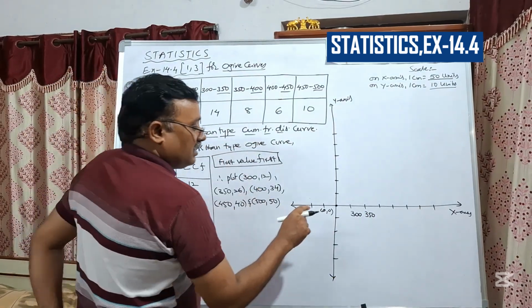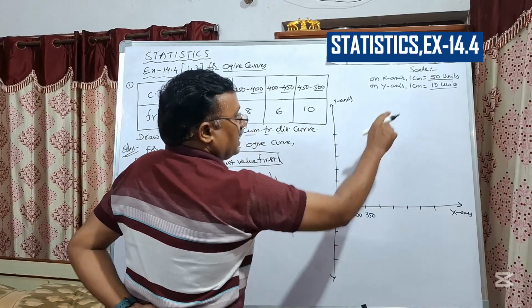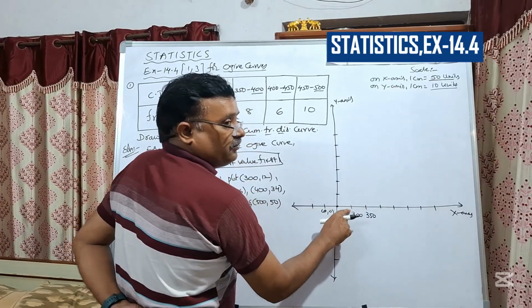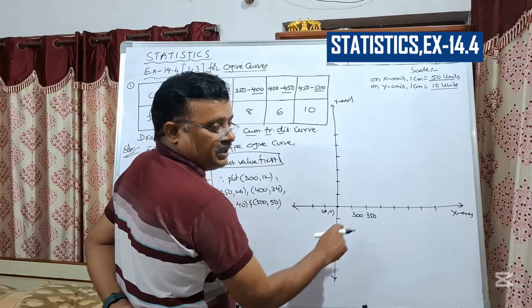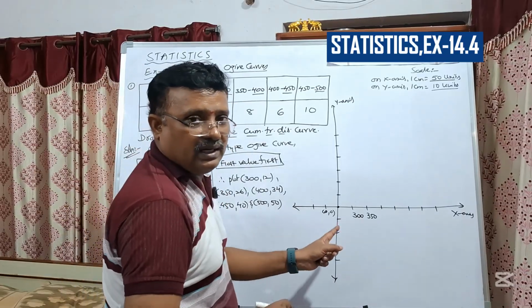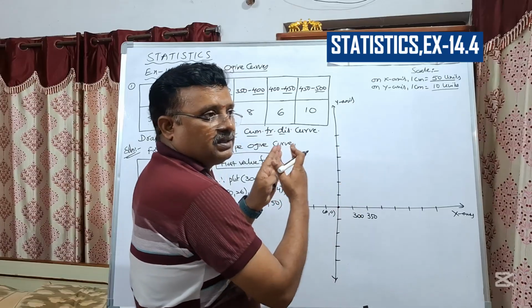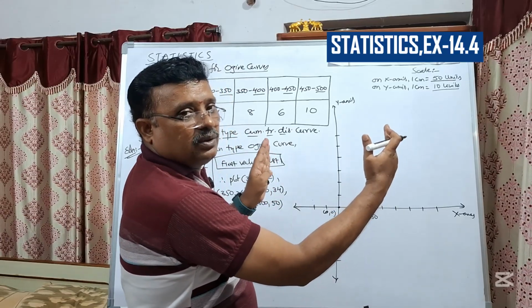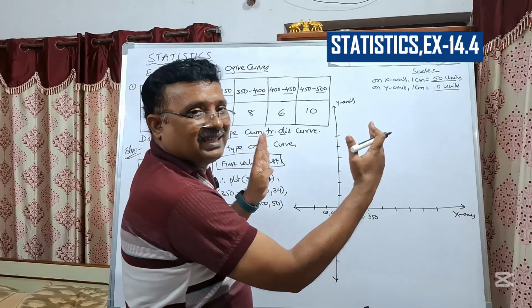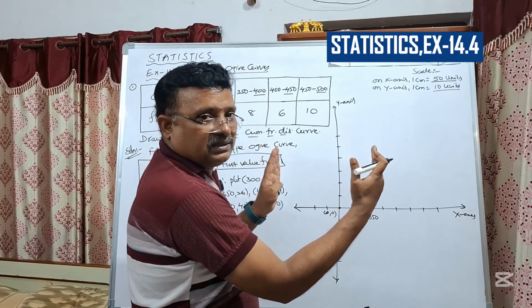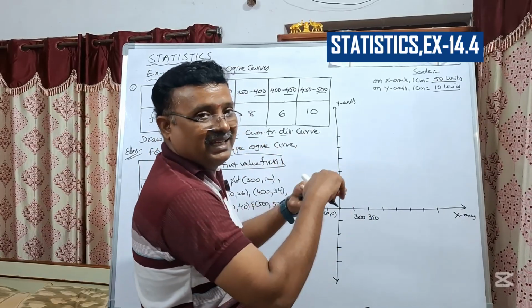But after the origin, according to scale, it would come 50, 100, 150, 200, 250, then 300. Whatever gap is there from 0 to 300 is unnecessary for us. That's why we cut it and link it.